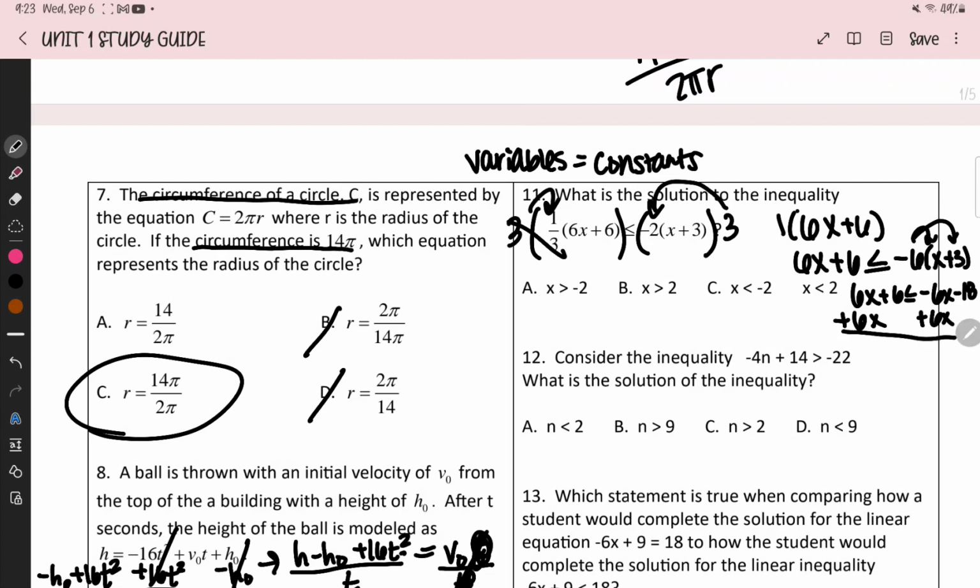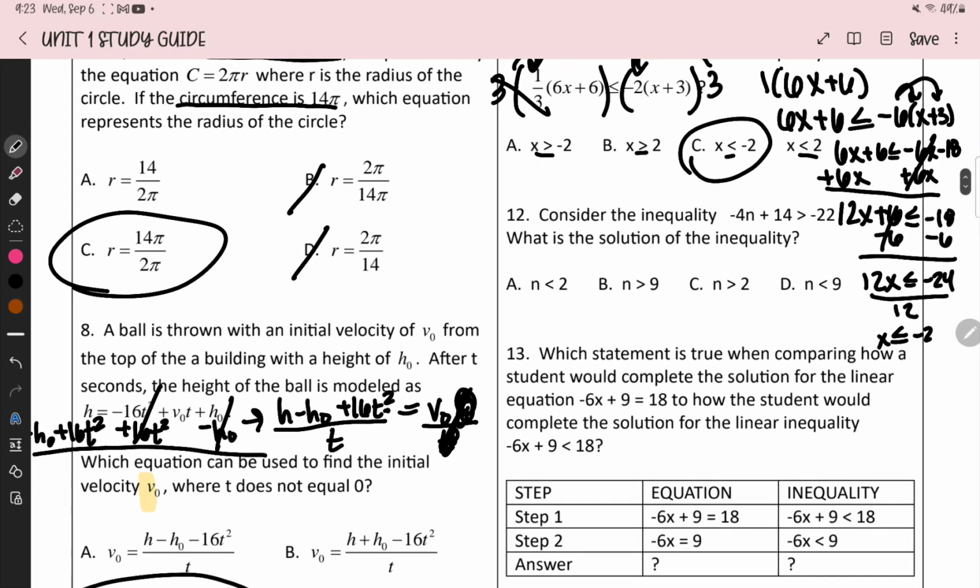So 12x plus 6 is less than or equal to negative 18, minus 6. 12x is less than or equal to negative 24, and divide by 12. So x is less than or equal to negative 2. I know all of these don't have the or equal to, and that's what they should have. So the answer here would actually be C.